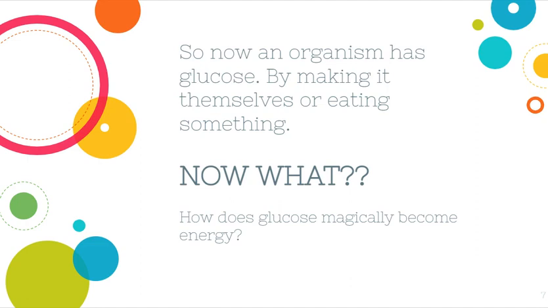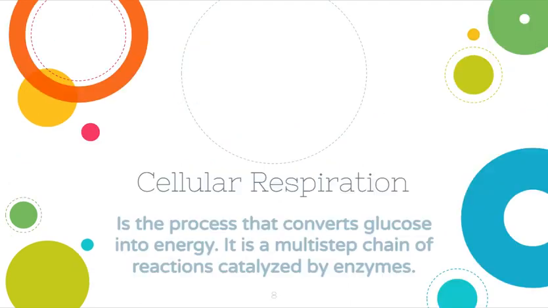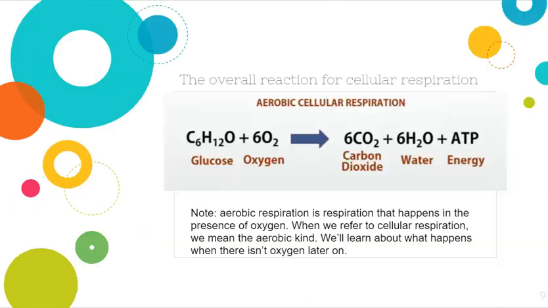This whole process of how glucose becomes energy is called cellular respiration, okay? And it is a multi-step series of reactions, all led by enzymes, of course, that are going to take glucose and convert it into energy. Okay, that is the overall idea. We're taking that sugar that was produced and we're going to turn that sugar into energy.